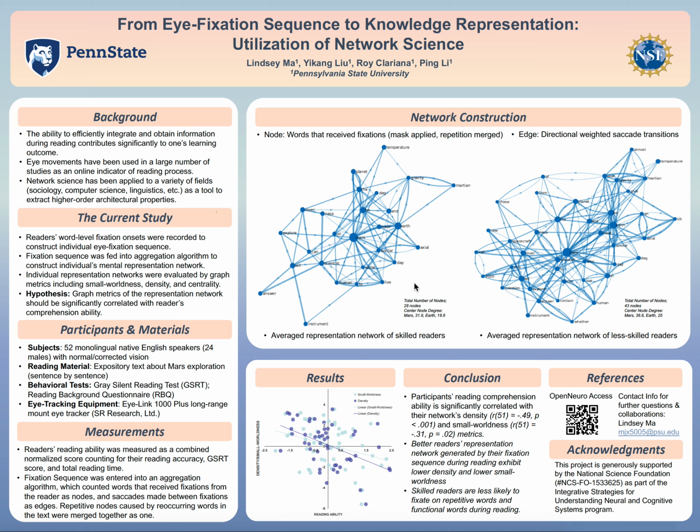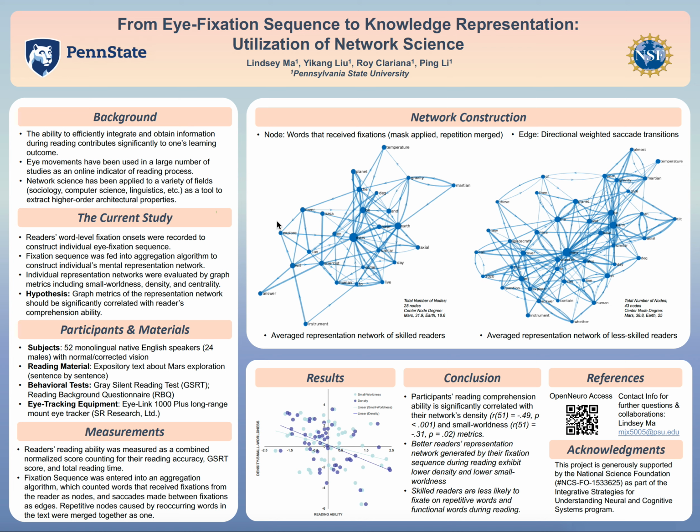And so as you can see, the skilled readers' network looks more sparse and less complicated compared to the less skilled readers. It's also less dense, and this is quite straightforward. You can basically tell with a single glance at it.